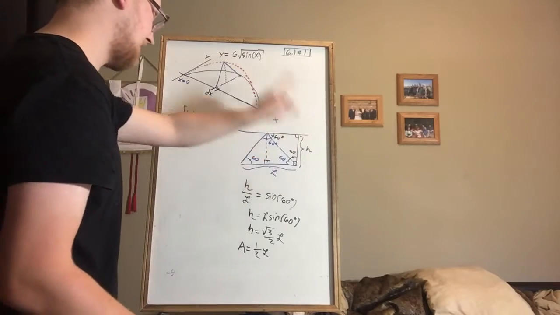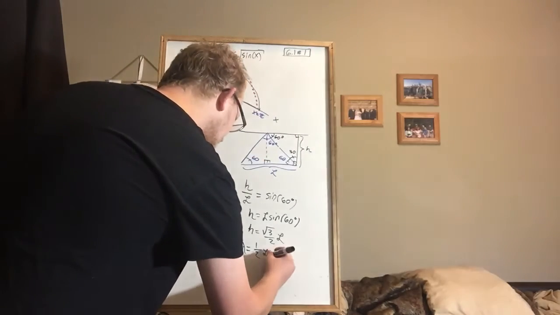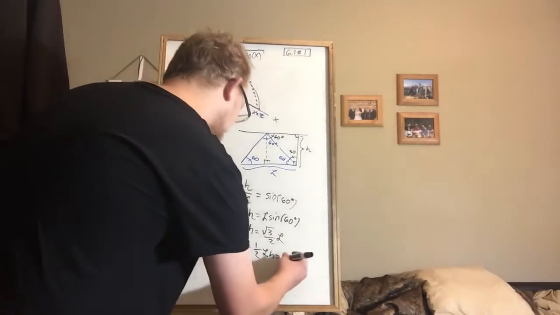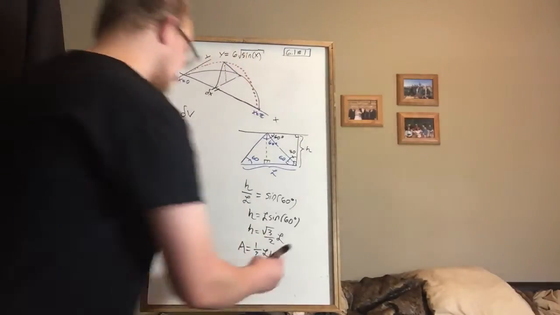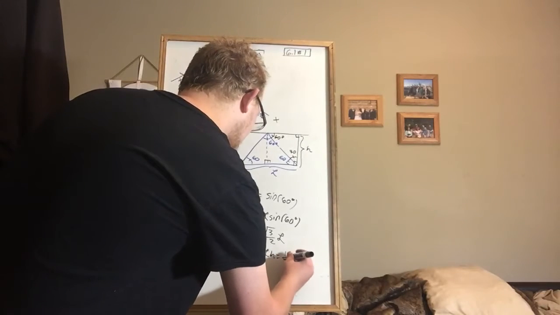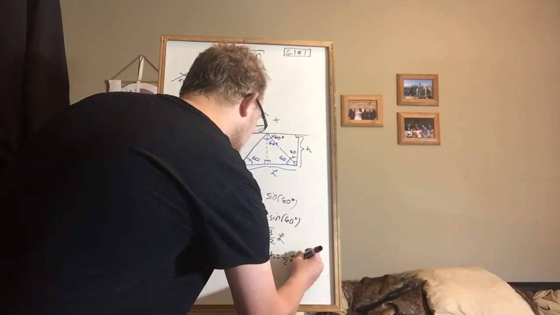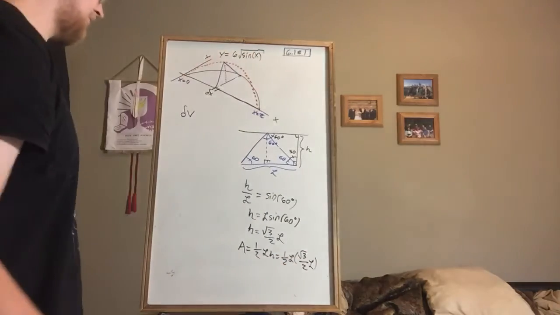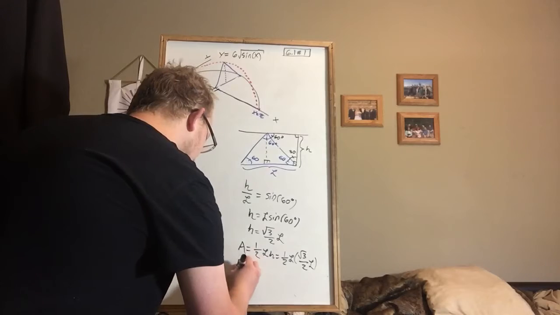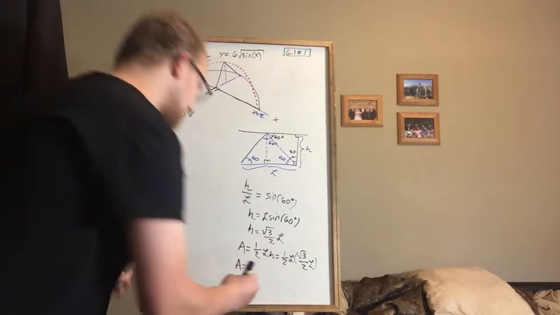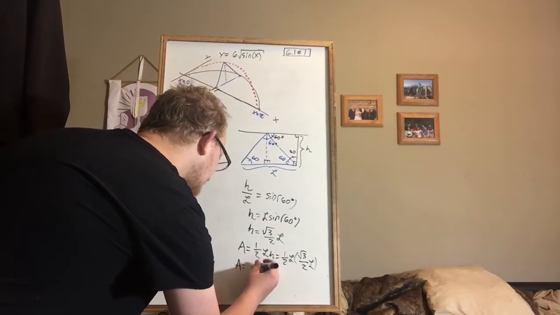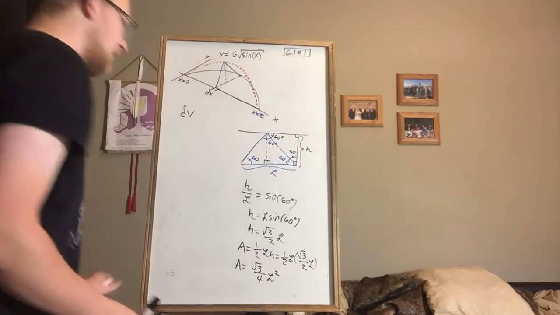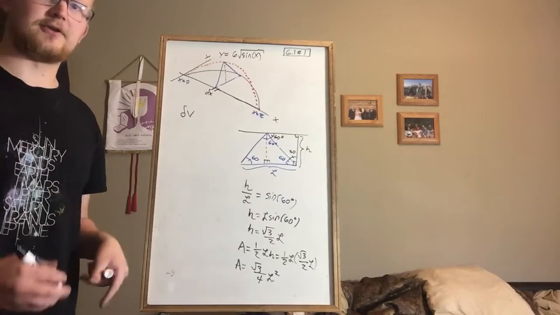So 1/2 L times h, which if we write this out further, we get 1/2 times L times root 3 over 2 L. And what we end up with is area equals root 3 over 4 L squared. All right, so that's the area of our equilateral triangle.